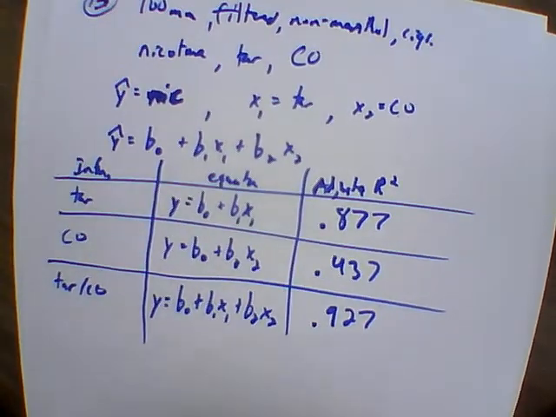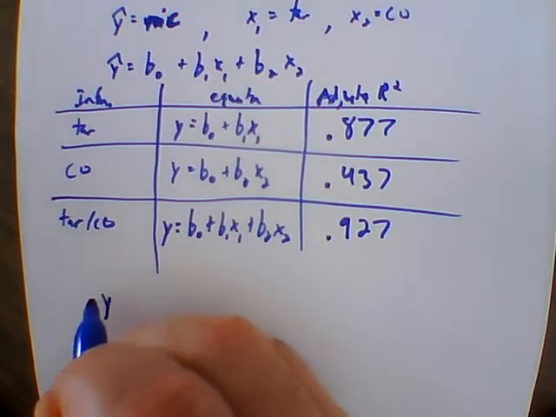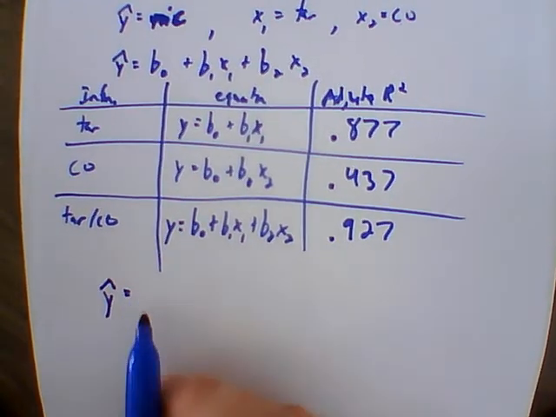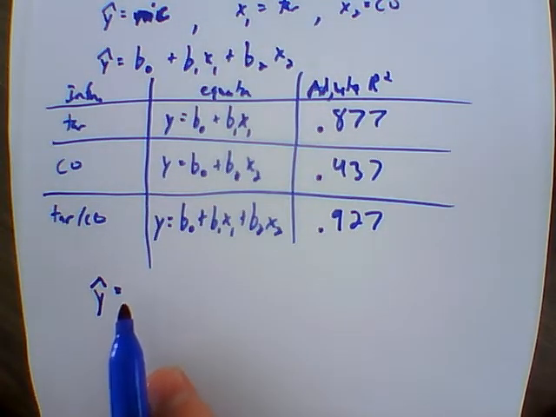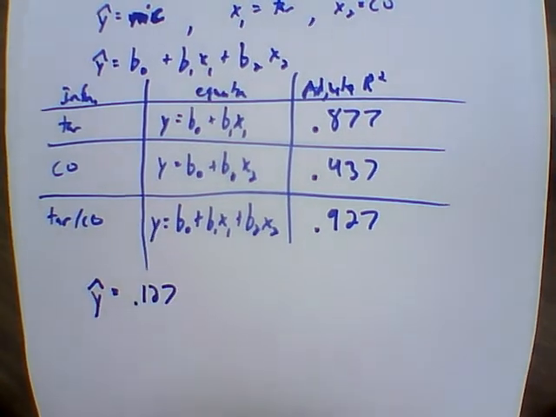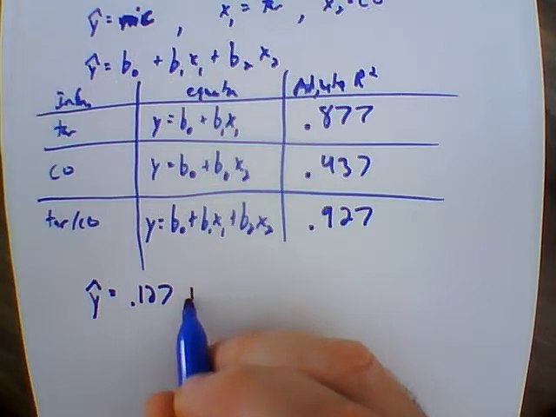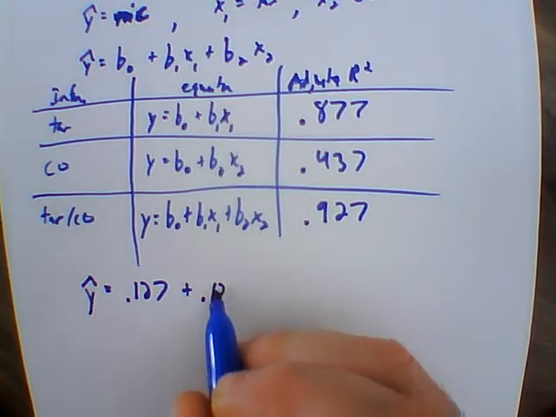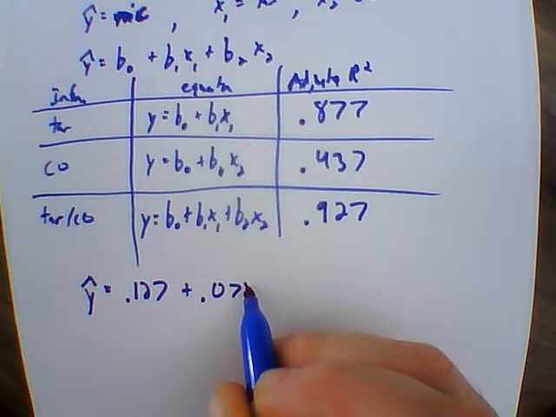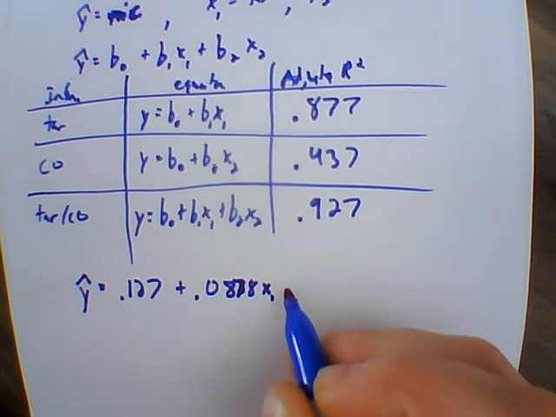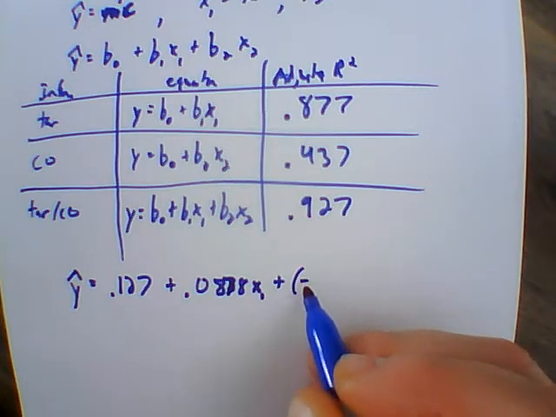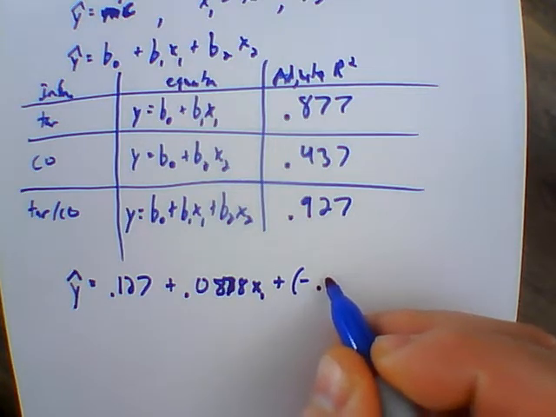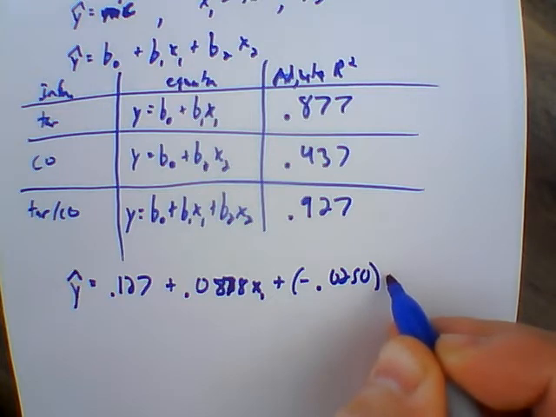So interpreting on that list now, we could say that our Y, or our nicotine, is going to equal 0.127, because that was our b0, plus 0.0878 x1 plus, actually it's a negative, it's going to go negative 0.0250 x2.